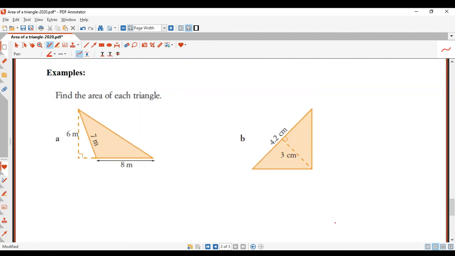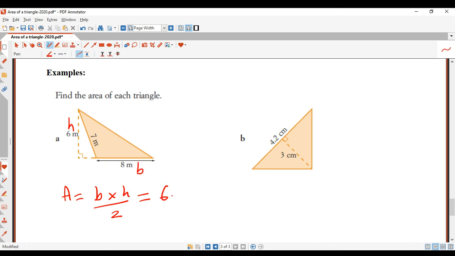So let's have a look at two examples. Right, I want you to try these two questions. So area is base times height divided by 2. So that's going to be, well, here's my height. Here is my base. That 7 is irrelevant.